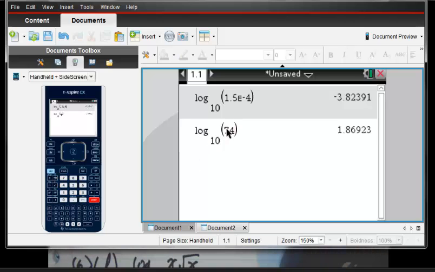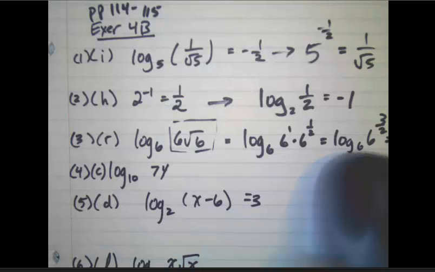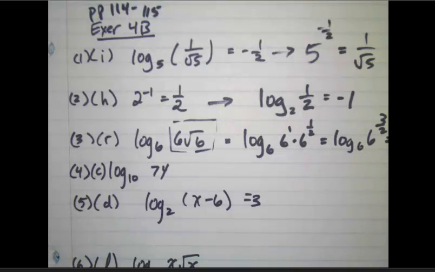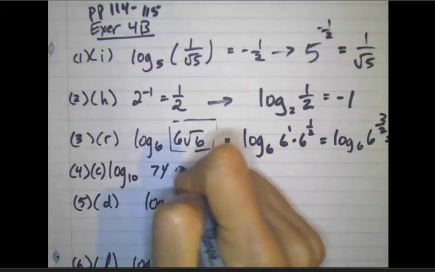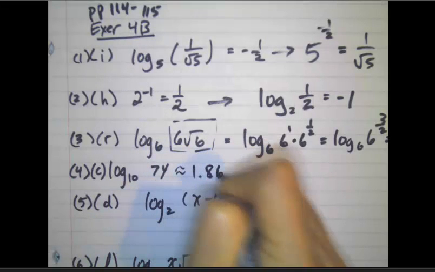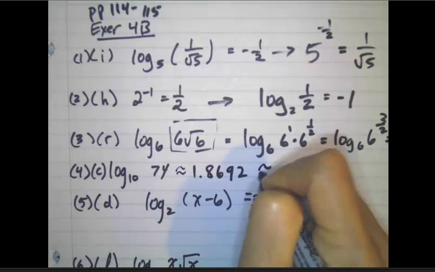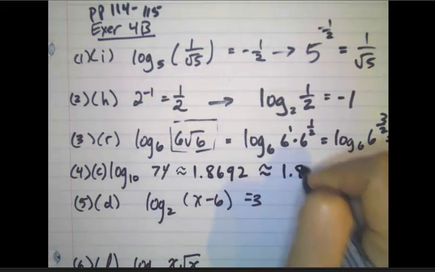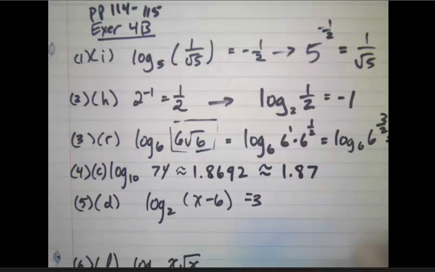And what I want to do is, it doesn't tell me what to round to, so I'm going to round to 3 significant figures, 1.87. I'm going to write it out first though. 1.8692. And I'm going to round again to 1.87. Okay, this is what you need to do on the IB exam.